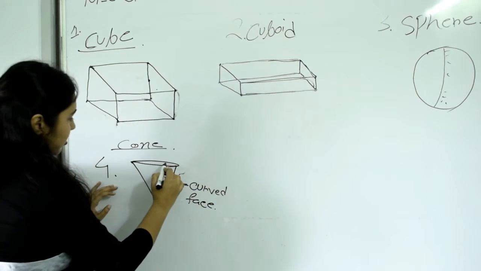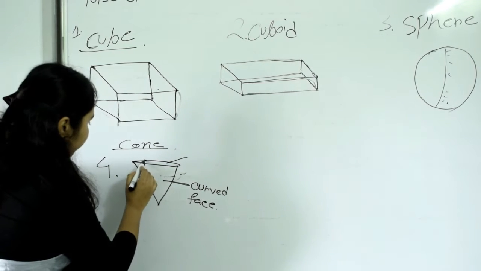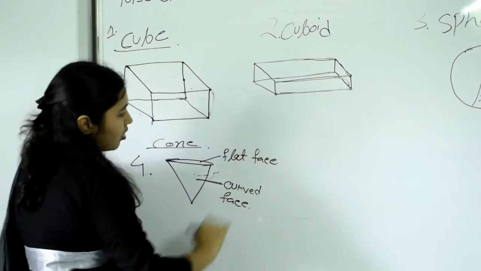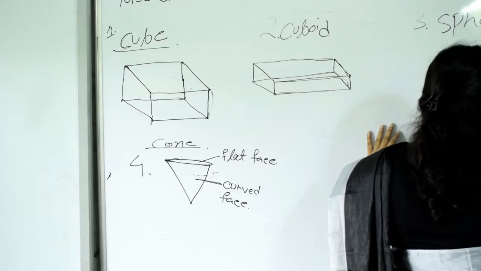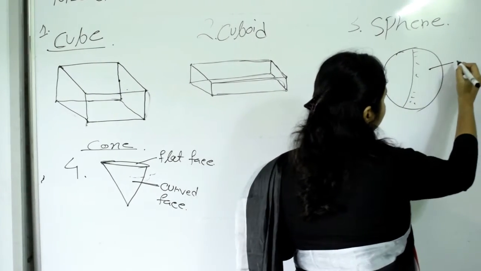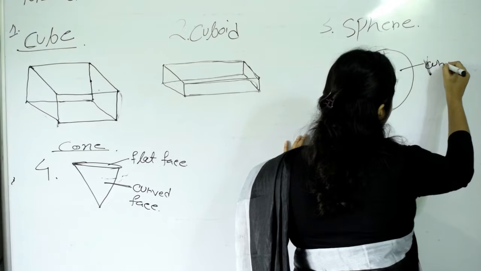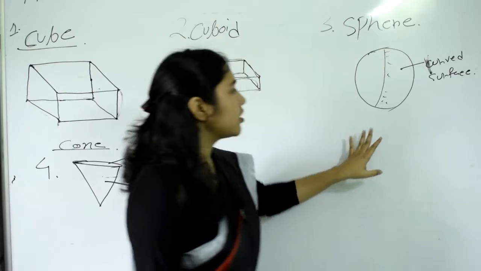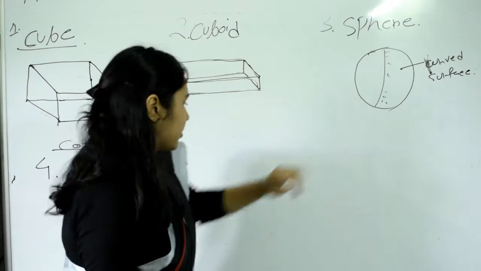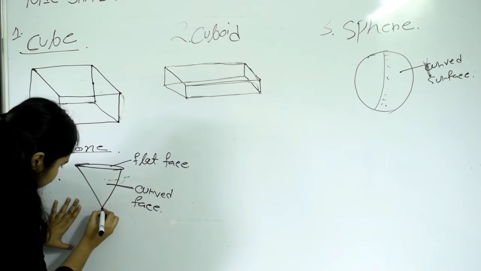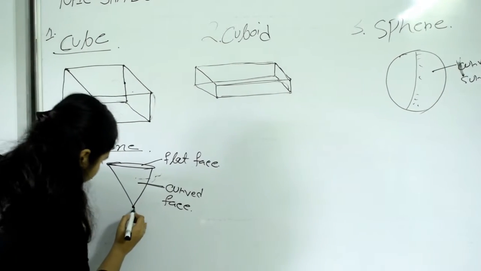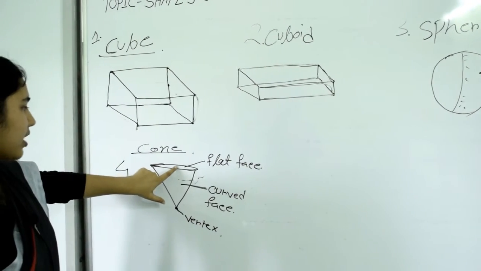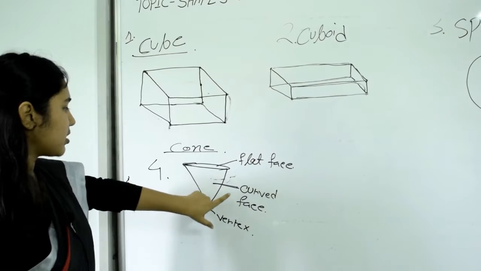Okay, but this portion, this face, is a flat face. Which means in case of a sphere this surface is a curved surface with no edges and no vertex, but here this is the vertex of this cone and this is the flat surface and this portion is the curved face.